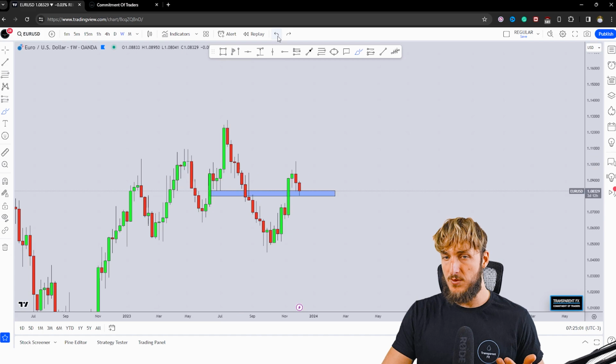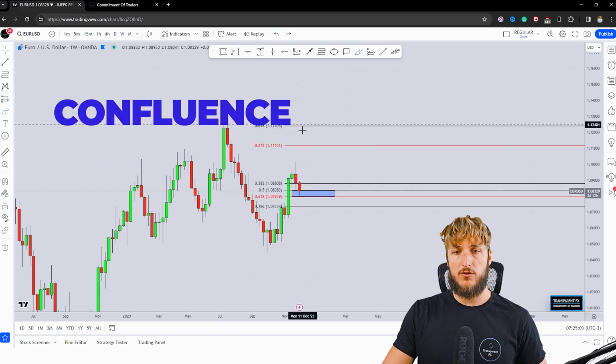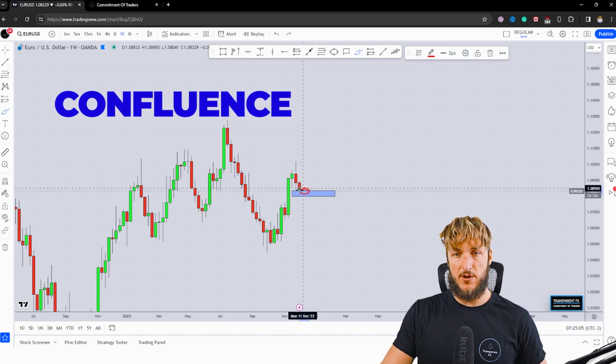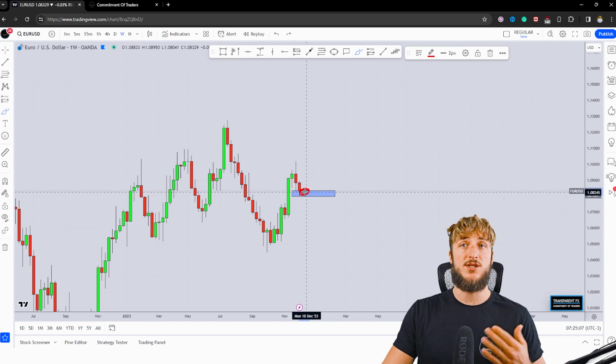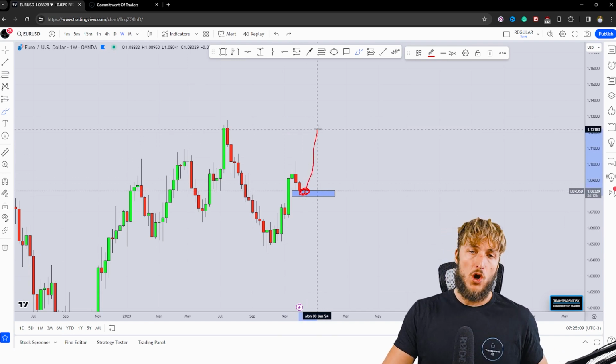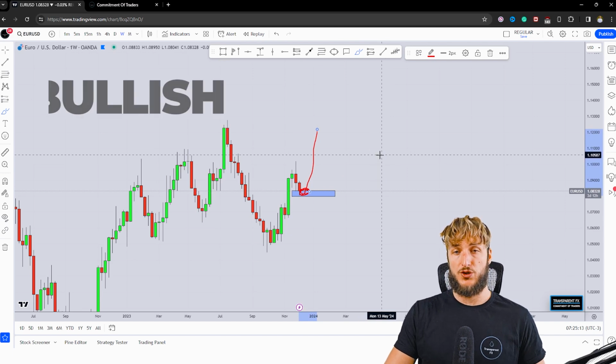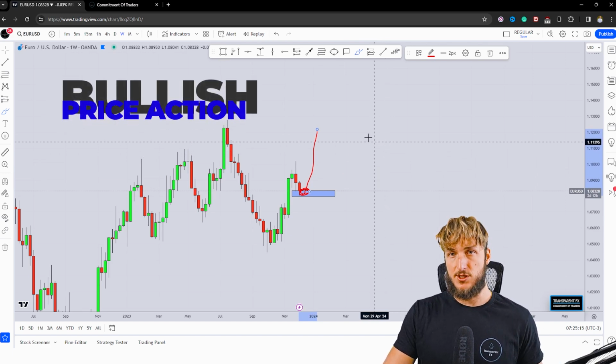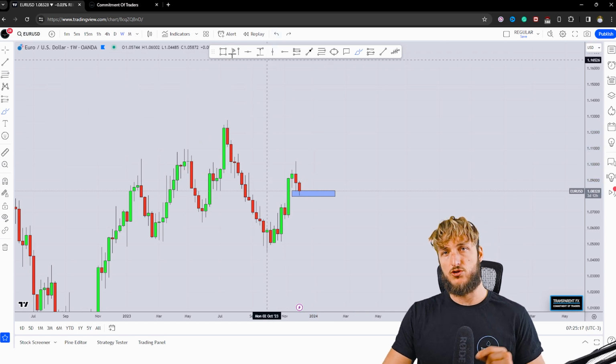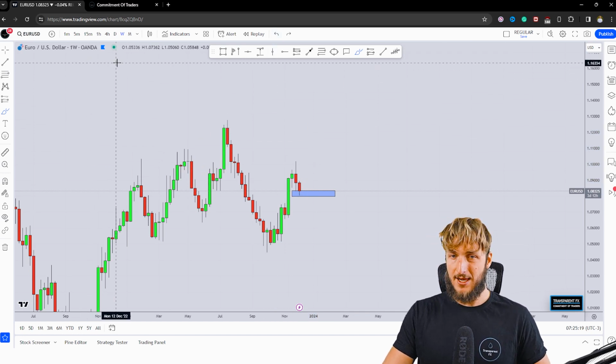What this actually means is that we have confluence of support inside of this area, inside of which we could see more institutional longing, which at that point would further increase the probabilities of a potential continuation higher away from this zone. And we will be speaking about institutional longing later on into this analysis.